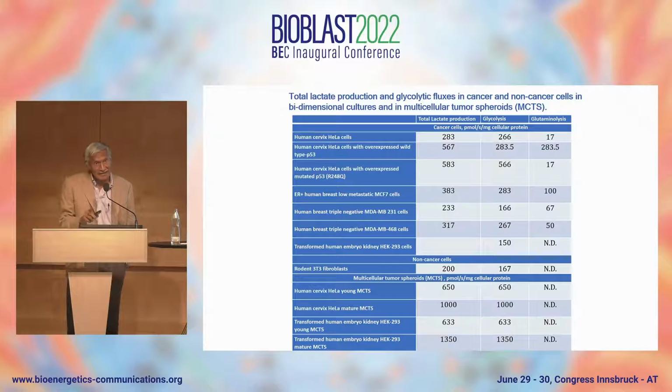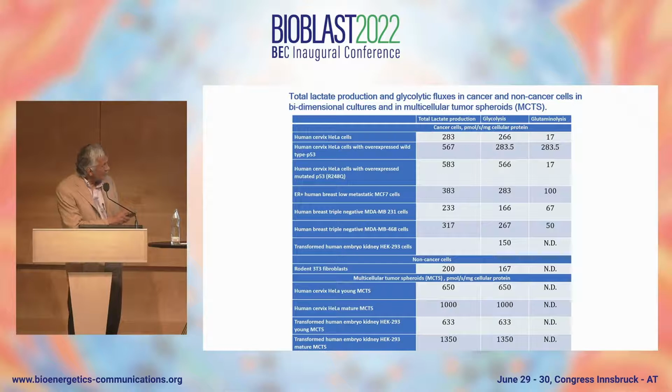Or, lately, acidification rates. We think the most appropriate way to measure glycolysis is measuring lactate production. But lactate can also come from glutamine oxidation. So let's not forget that. We have to correct then for lactate production.